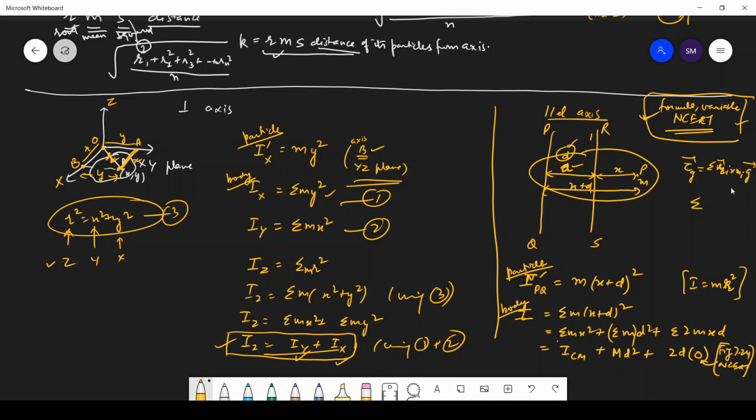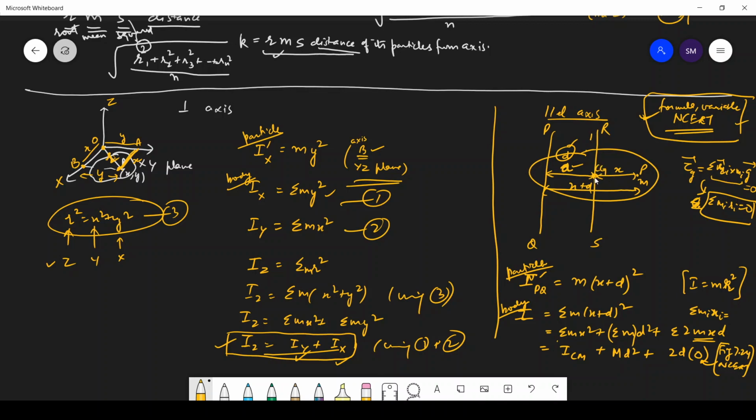So when you are balancing it, g is constant, so it means summation mi ri is equal to 0. So that we are using here, because this mx means sigma mi xi, and this is your center of gravity.